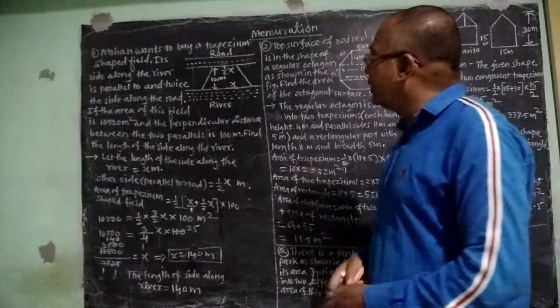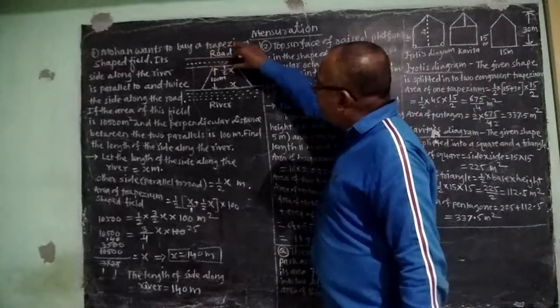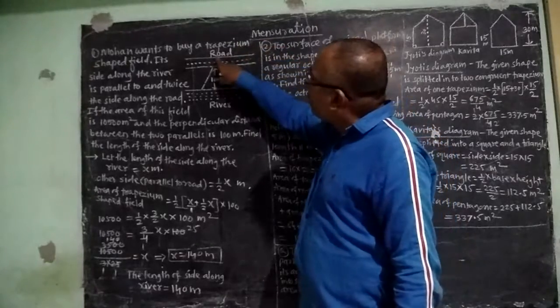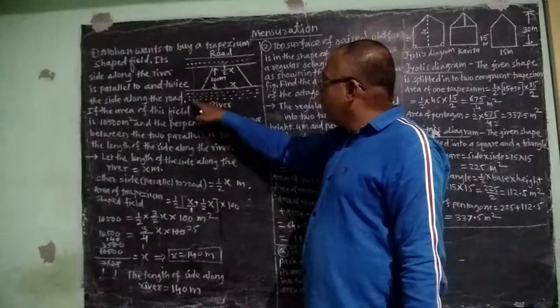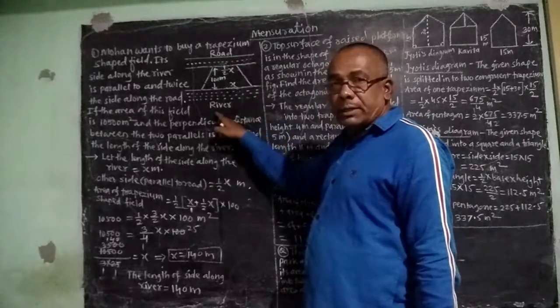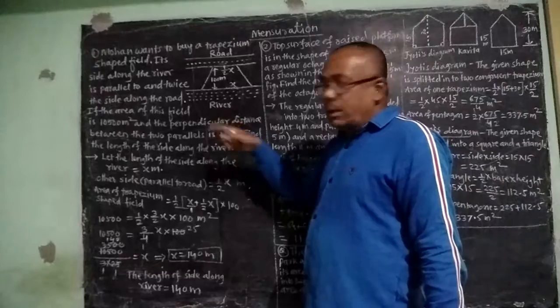Here look at the figure. Here the upper part or upper strip is the road and the lower strip is the river.